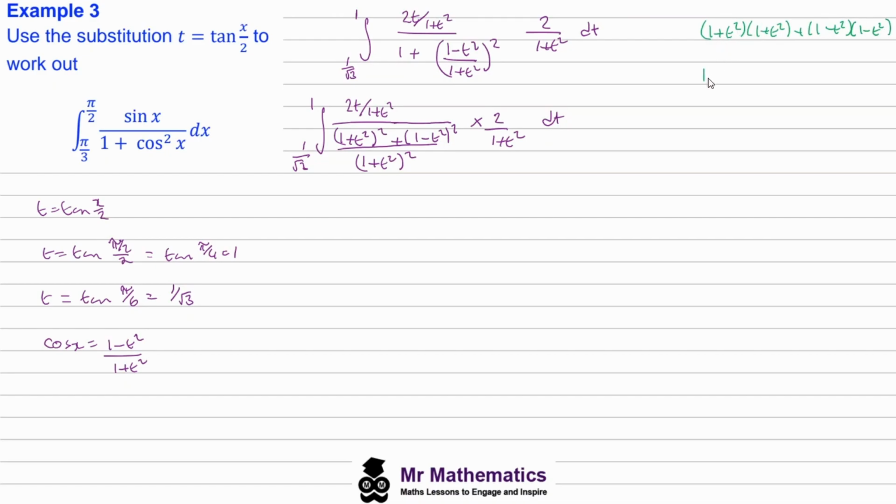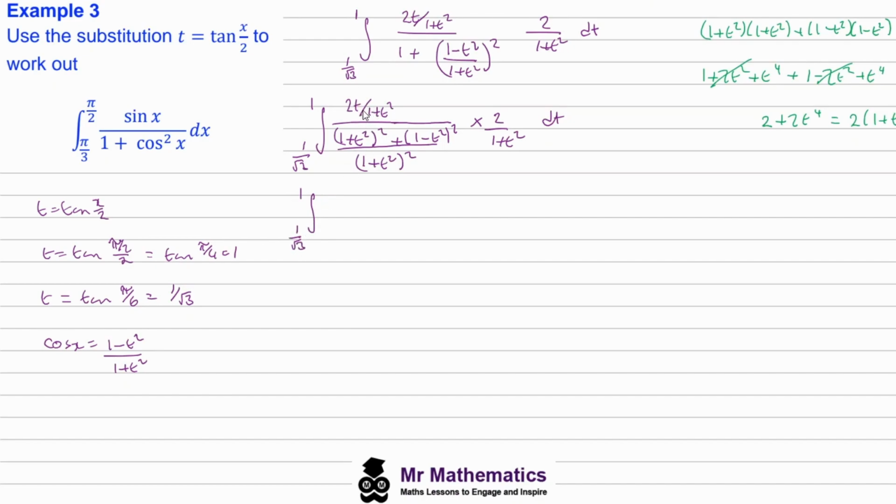So this becomes 1 plus 2t squared plus t to the 4, plus 1 minus 2t squared plus t to the 4. This one will cancel with this one, so we're left with 2 plus 2t to the 4, which we can factorise as 2 lots of 1 plus t to the 4. And now I can substitute this into here. So we have the integral between the limits of 1 and 1 over root 3.